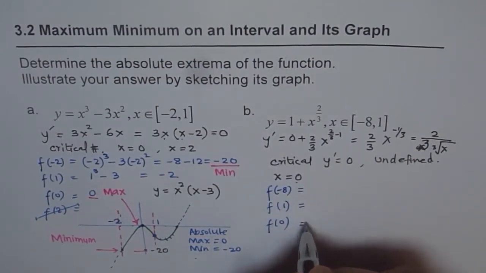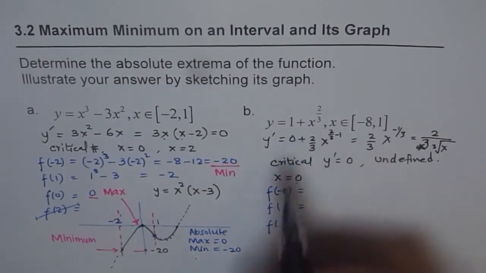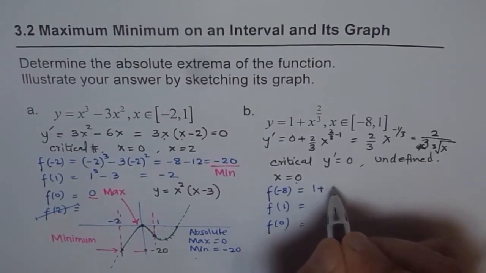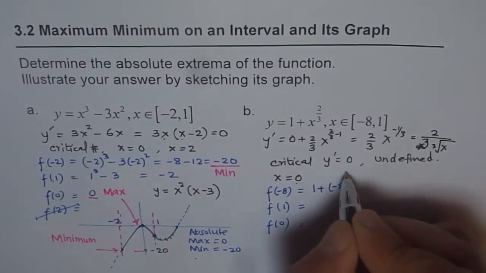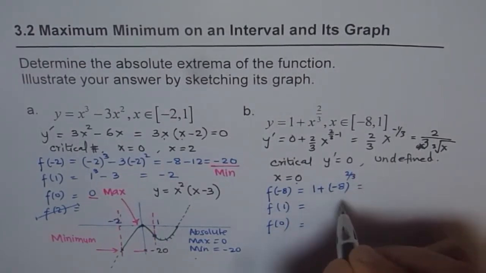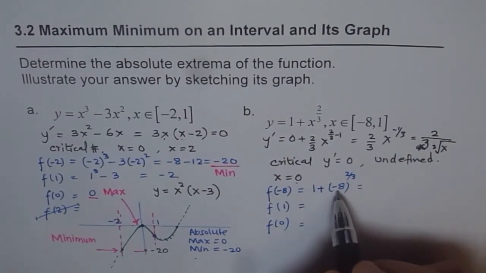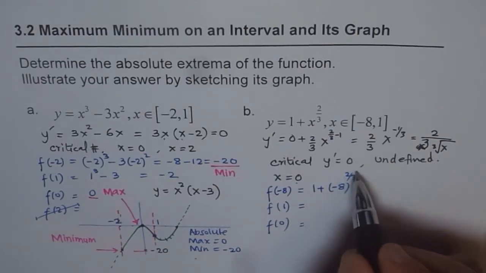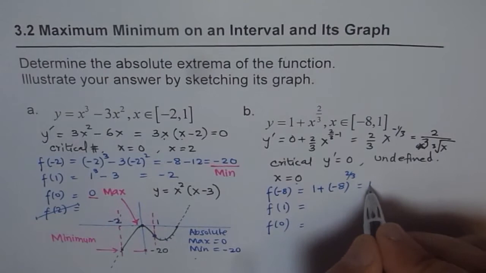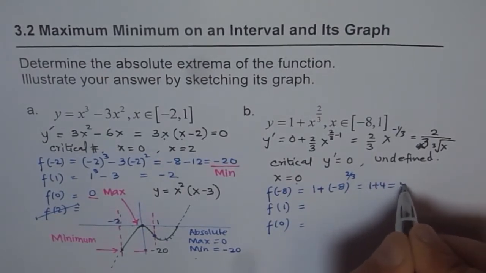Now if you substitute the value minus 8 in this, what do you get? You get 1 plus minus 8 to the power of 2 over 3. You can use a calculator, find the answer. We know one thing, the cube root of minus 8 will be minus 2. And when you square it, it becomes 4. So we get 1 plus 4, which is 5.